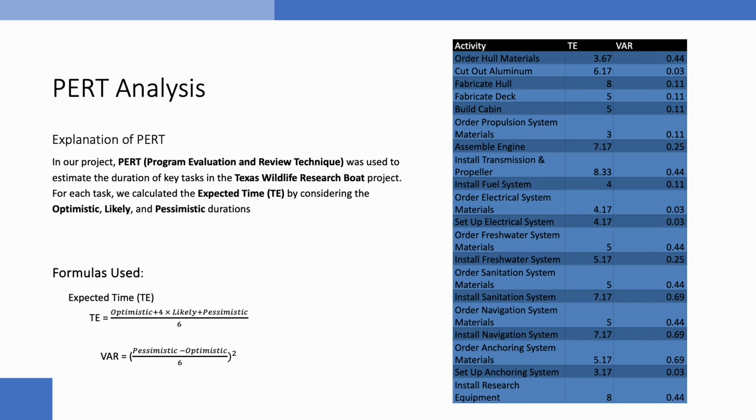In Excel, we implemented this formula using the round function to ensure better accuracy, and we used the same technique for the VAR formula as well. We also used the round function in Excel. By using Excel, we automated these calculations, improving efficiency and reducing errors while refining our project schedule.